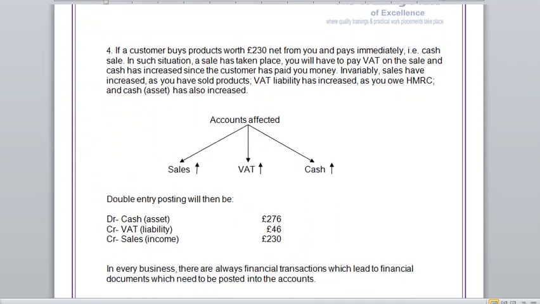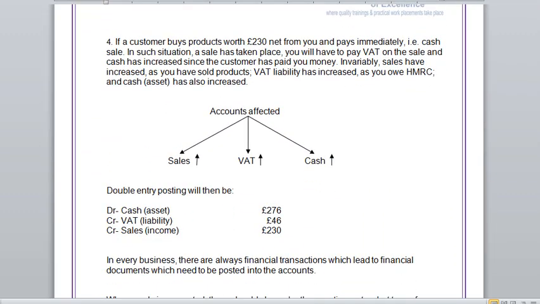And we just have in there, if a customer buys products worth £230 net from you and pays immediately, that is cash sale. In this situation, a sale has taken place. You will have to pay VAT on the sale and cash has increased since the customer has paid you money.